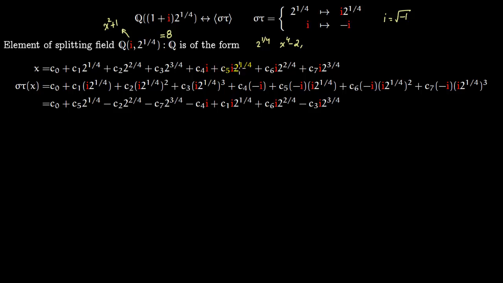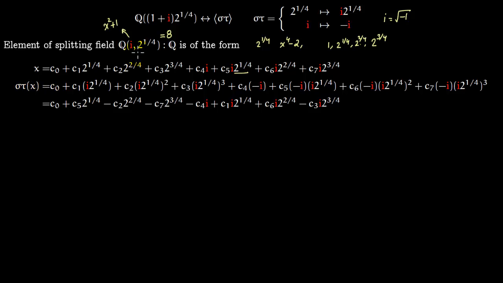So you have i, then i times 2^(1/4), same as here, 2^(2/4) here, and then 2^(3/4) here. So again you can count, there are 8 elements here, going from 0 to 7. But this 2^(1/4) just goes all the way to 2^(3/4) because it is coming from here, and then identity, which is 2^(4/4).